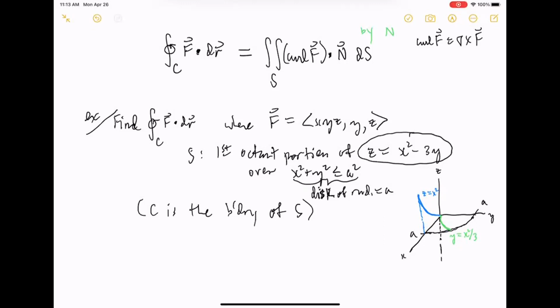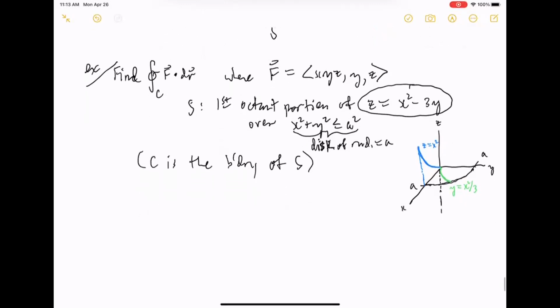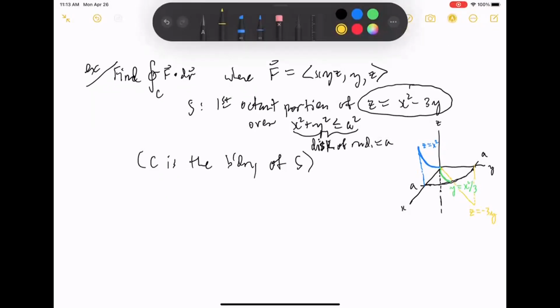I'm going to cheat a little bit, just because my picture isn't exactly to scale. This thing kind of goes like this, I guess, right? And I'm going to go up right here like this. This is z equal to -3y. Now we have a little picture of what the surface looks like.